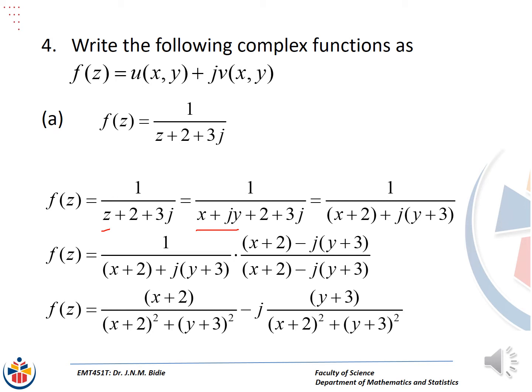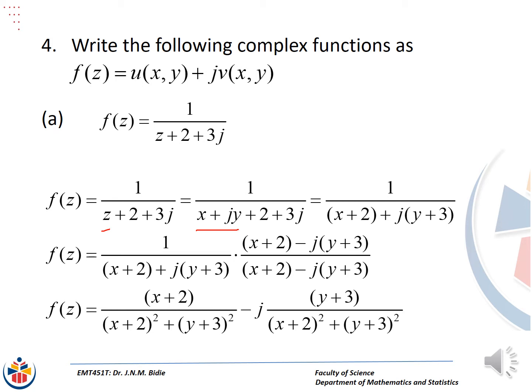simplify so that I get the real terms together and imaginary terms together, so that I can multiply by the complex conjugate of the denominator. Please recall, the complex conjugate just requires you to change the sign of j. That's it.